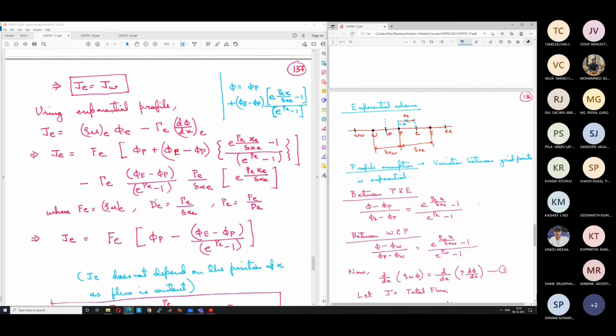What is De into the Peclet number? What is the Peclet number in terms of D and F?